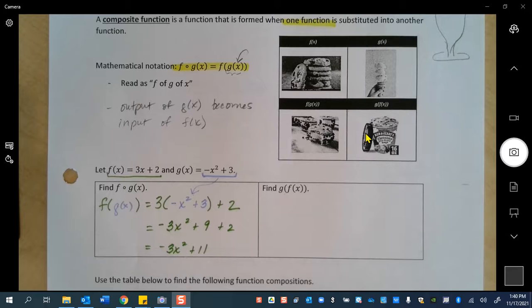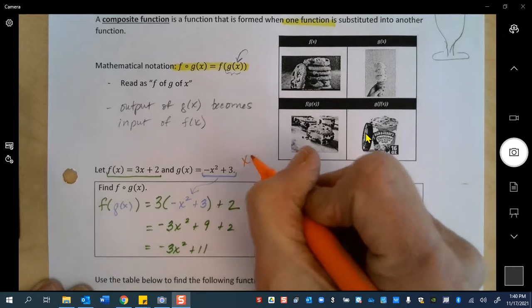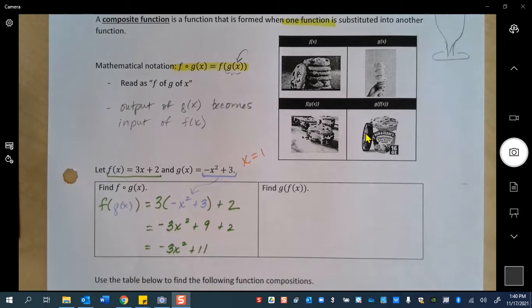Now the cool thing is, if I had a value for x, then whether I plug it into g and then f, or f of g of x, it would be the same. Let's test it out. Let's go ahead and suppose that x has a value of, let's keep it simple, say x has a value of 1.